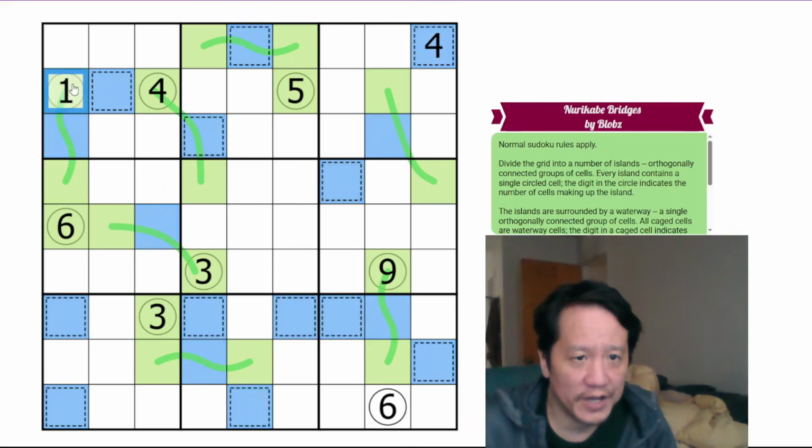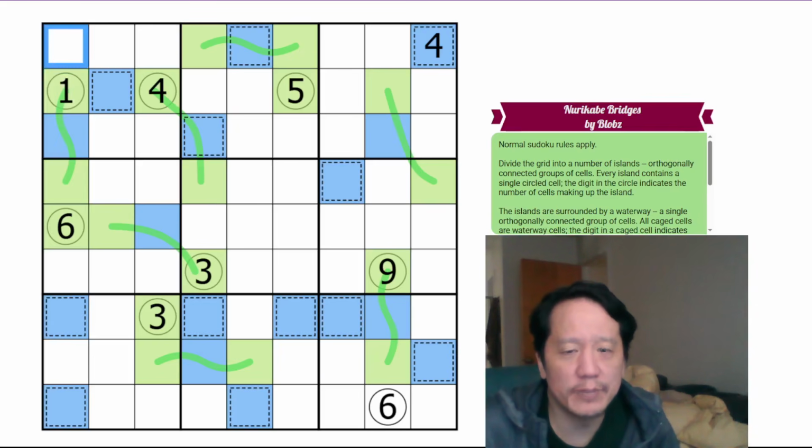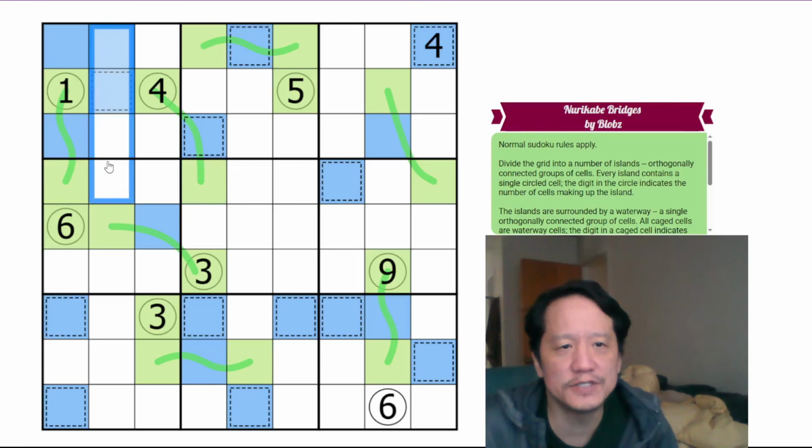This is 1 in size, so this cannot be land. It has to be water. It must orthogonally connect to this cell, which is water. This has to orthogonally connect to the rest of the waterways, so it has to go to water there.